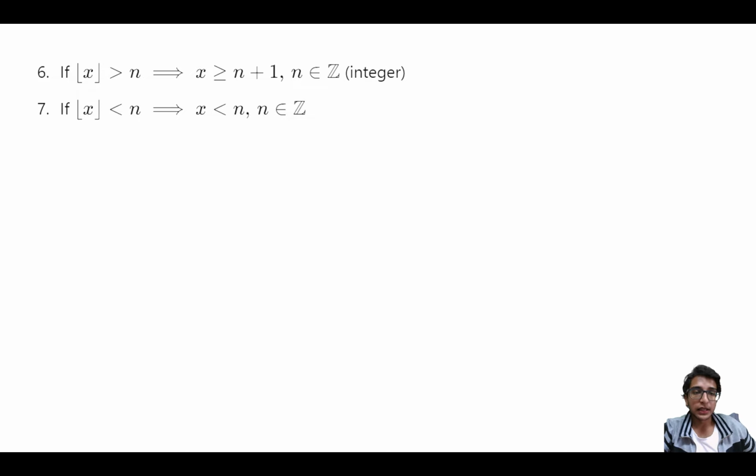Now one more property that you need to keep in mind. This is a property which you would understand more properly when you study sequence and series. But still, for the timing, I would say you just remember this property.